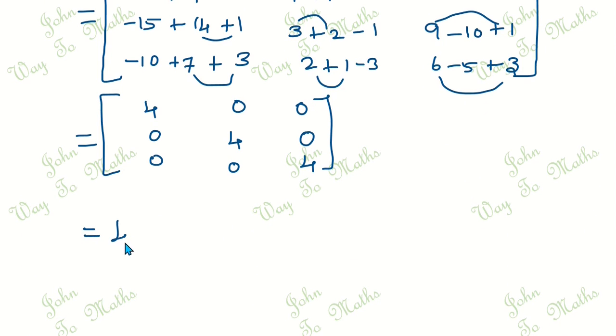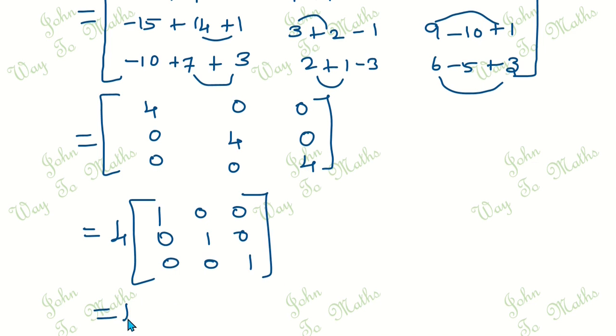So here 4 is a common multiple, so taking it outside from the matrix, the remaining is 1 0 0, 0 1 0, 0 0 1. Then 4 times this becomes the identity matrix with order 3, so the left hand side becomes the BA matrix.